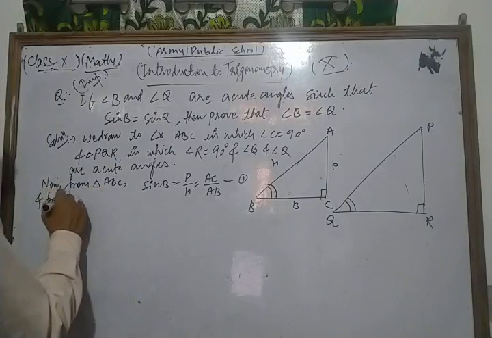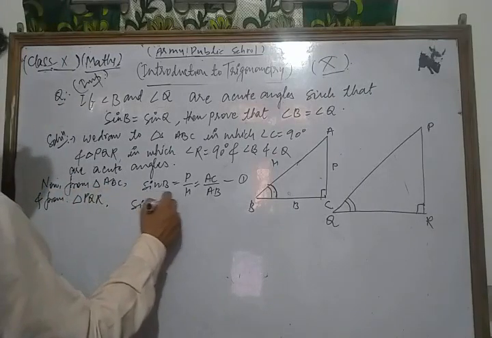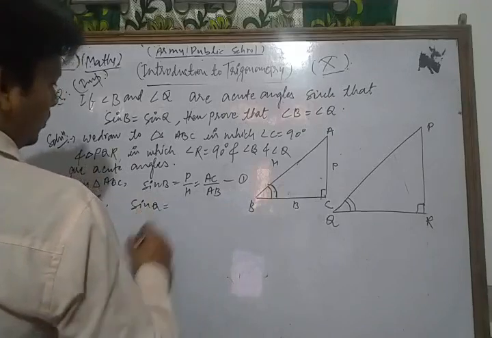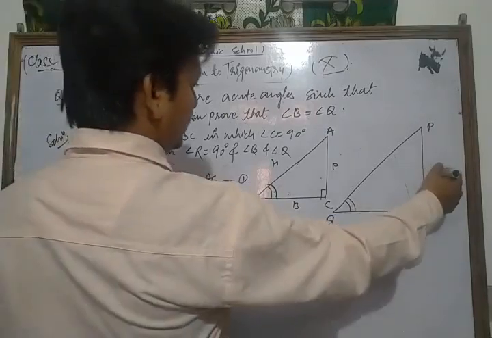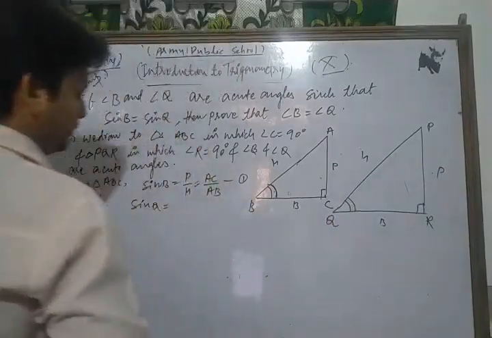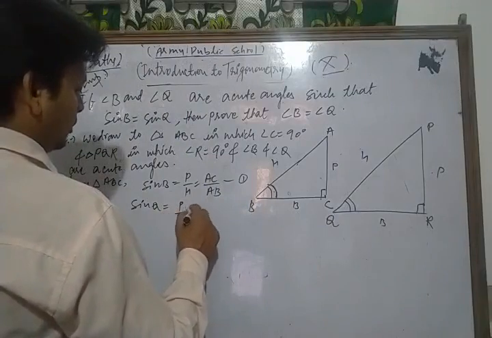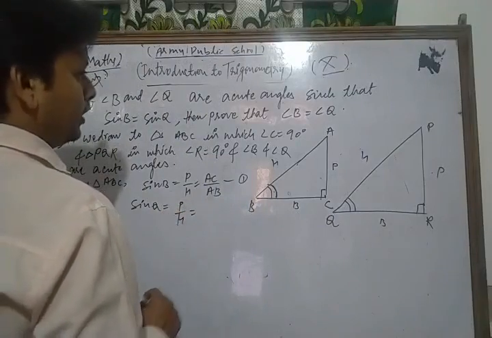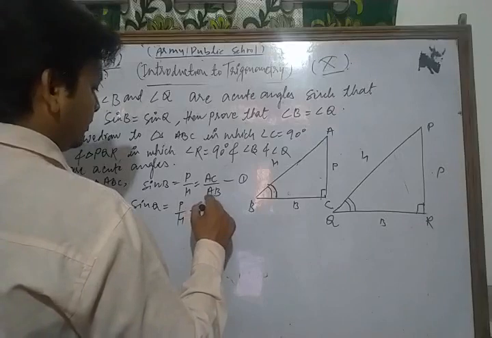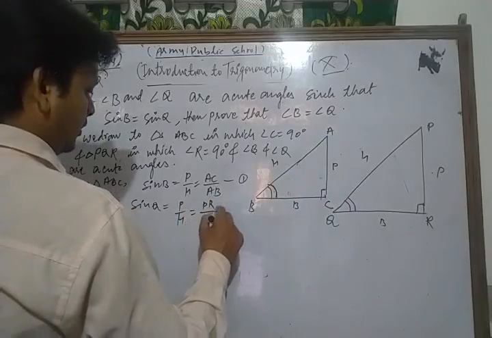And from triangle PQR, sine of angle Q, again this is your perpendicular, this is your base, this is your hypotenuse. So sine of Q is perpendicular upon hypotenuse. So perpendicular is PR, and hypotenuse is PQ.